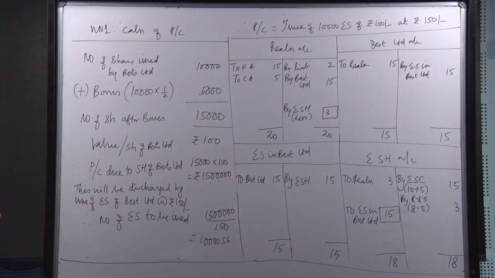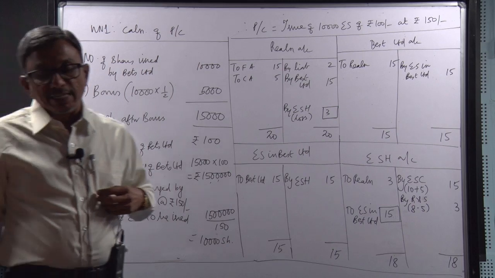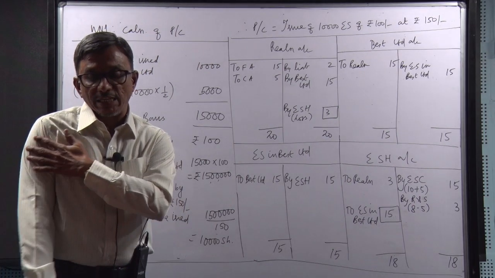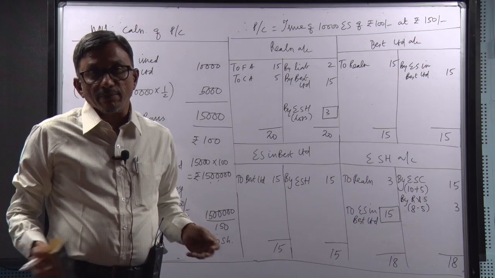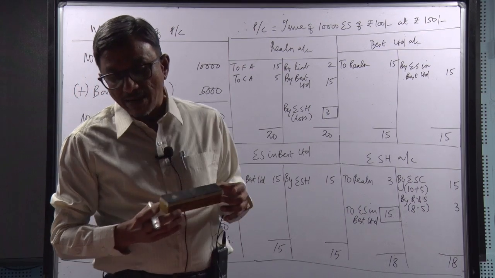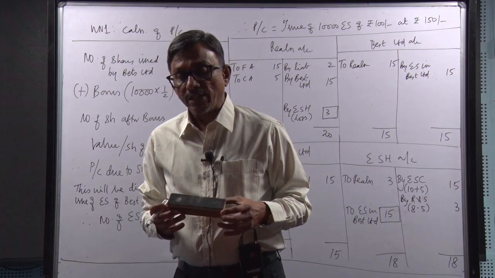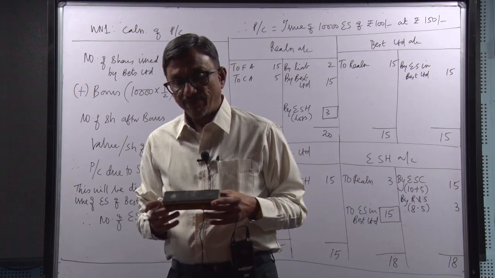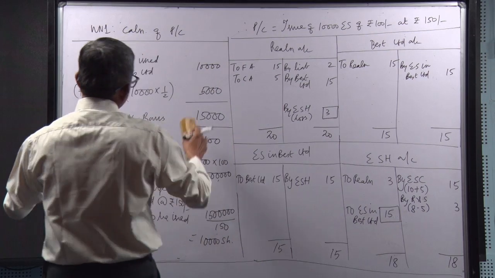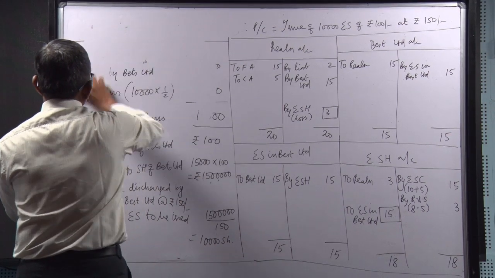What is the first journal entry? That is for recording the purchase consideration due. Then we will record the assets and liabilities of vendor company. Then we will record the consideration paid to the liquidator. So these are the journal entries in the books of Best Limited.